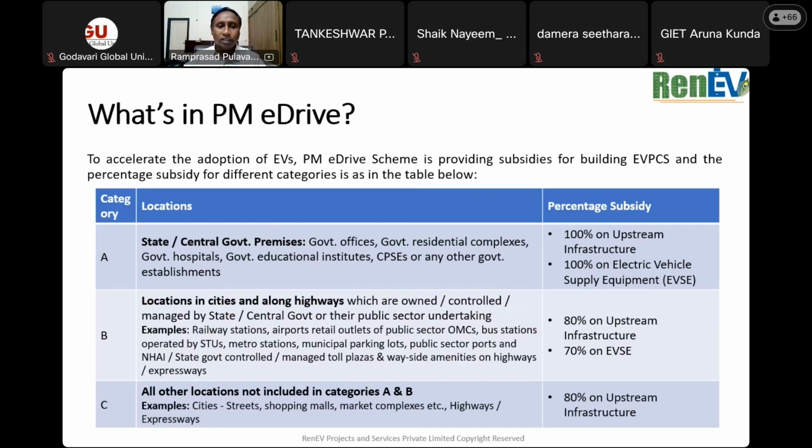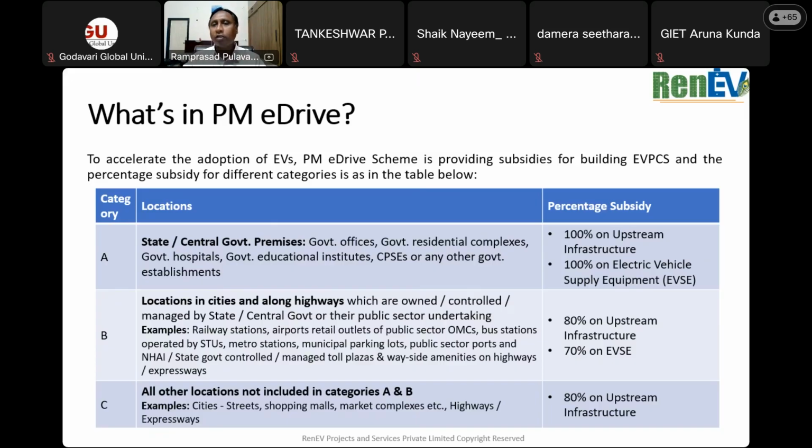All other locations like cities, shopping malls, market complexes, Government of India is saying that, okay, we have given everything to the state government, central government, public sector undertakings, state government public sector undertakings. What is for the private sector? So the category C covers the private sector, which says cities, shopping malls, market complexes.